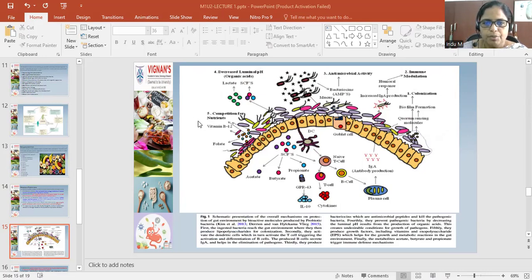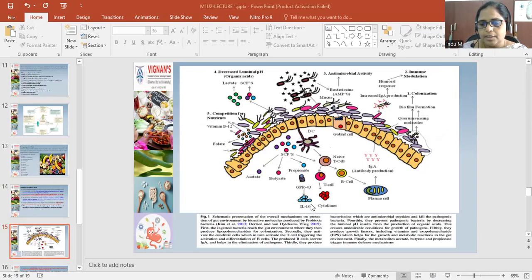Then competition for nutrients. Not only this, the beneficial bacteria compete with the pathogenic bacteria for nutrients and eliminate these pathogenic microorganisms. So here in the immune process, they start producing various short chain fatty acids and activate the dendritic cells. These dendritic cells activate the naive T cell.